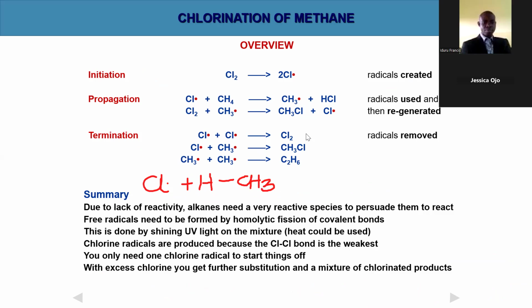Since we are breaking that, it can go this way, like this. So the arrow comes from the dot. Don't make the mistake of allowing the arrow to come from chlorine. Like this is wrong.